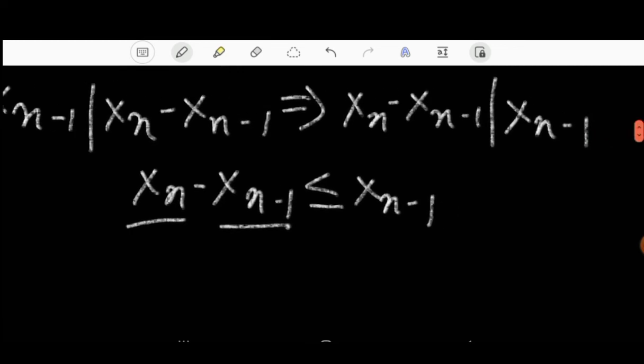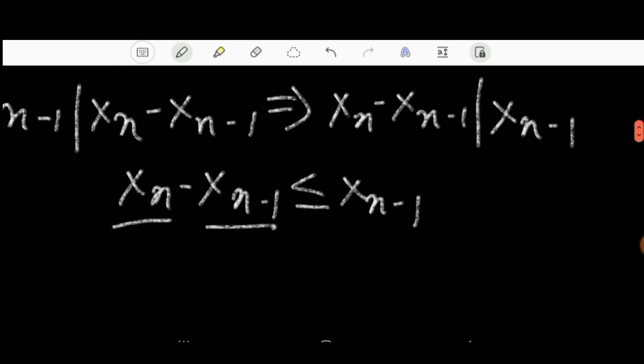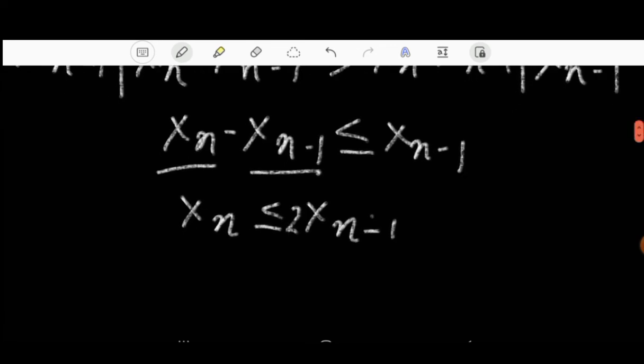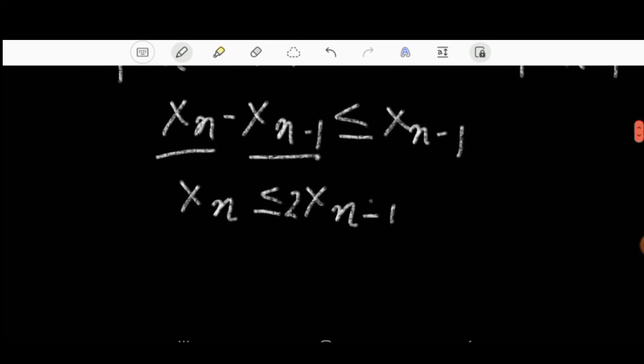So I have not taken the absolute value over here. So this is the inequality that we obtain.